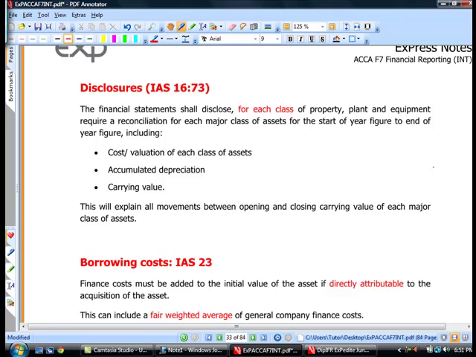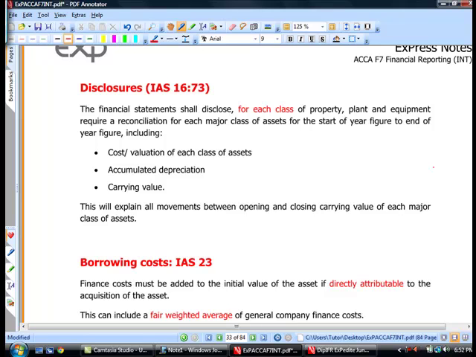We will have to reconcile the opening and closing balance for cost and accumulated depreciation, presenting the additions during the accounting period, disposals, acquisitions under finance leases, the carrying value of the asset, which is the cost less accumulated depreciation and impairments to date, the basis for valuation for each class of asset, which could be either cost or valuation if we are choosing the revalued amount, and for any major class of assets, if we have restrictions on titles, so for instance we pledged them as security for loans that we took from the bank, that will also be disclosed.